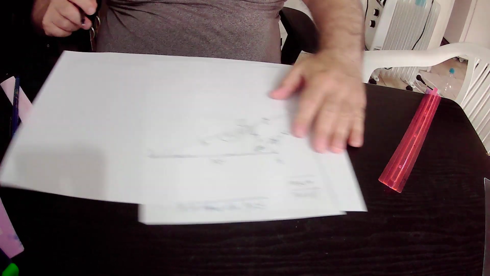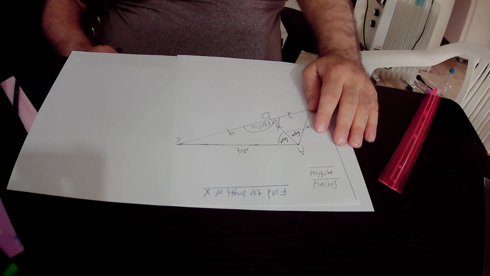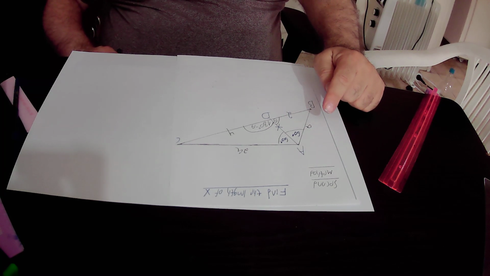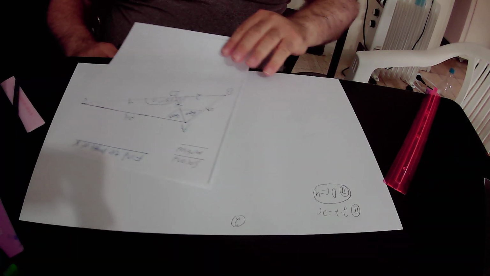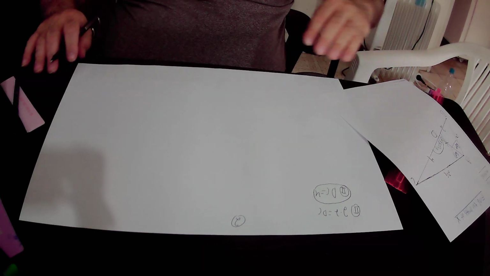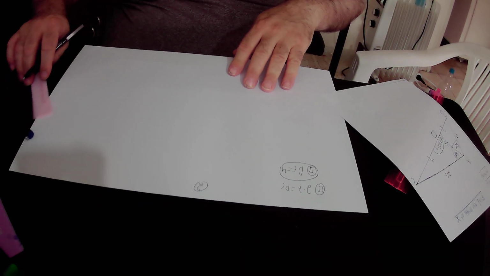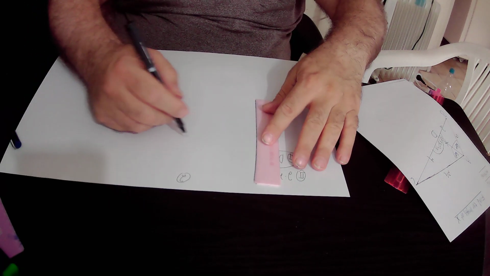In the next step, we will implement the law of cosines in triangle ABC. I've already mentioned the law of cosines in the previous lectures, so I'll repeat it quickly.